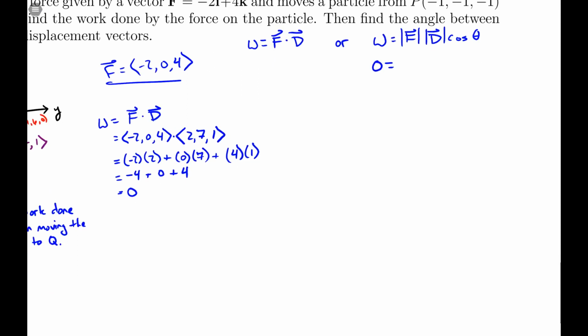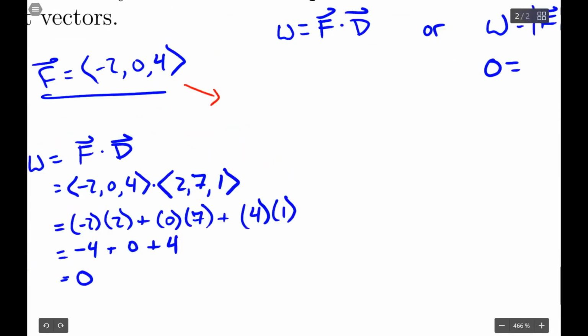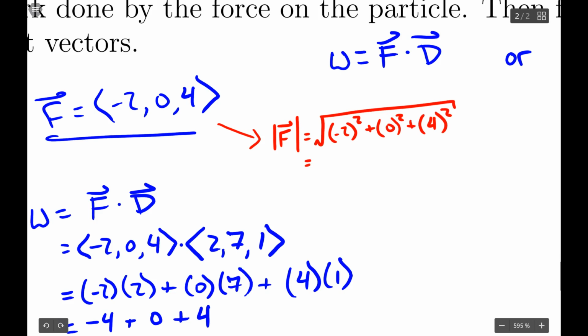The size of the force we can find by coming over here to this force vector and saying the size of the force is the square root of the sums of the squares. So the square of negative 2 plus the square of 0 plus the square of 4. This gives us the square root of 32, which is 4 root 2.